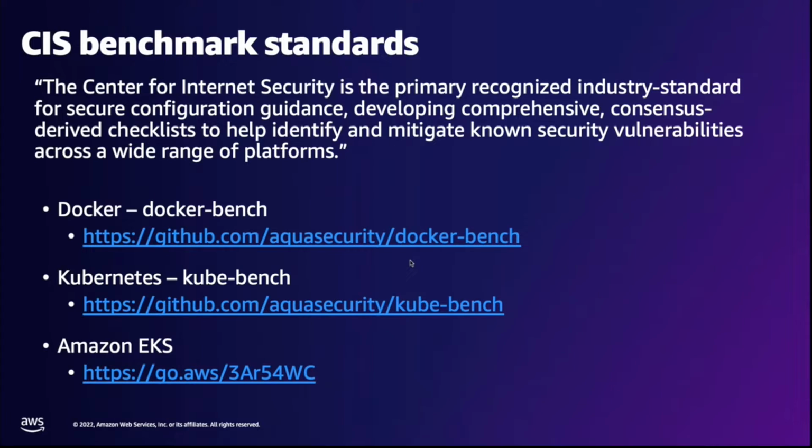For example, you can use this benchmark to get guidance on security configurations for a managed Kubernetes cluster, where you typically manage the control plane, the nodes, and the data plane itself. This is a really important configuration, and we have done this for Amazon EKS too.